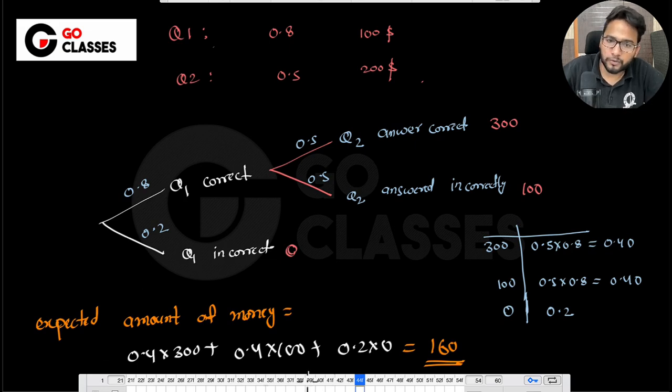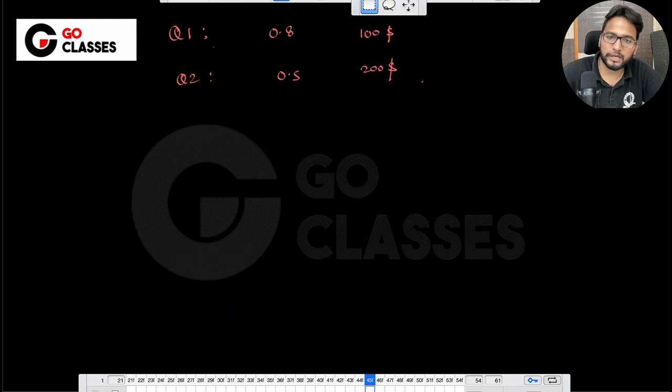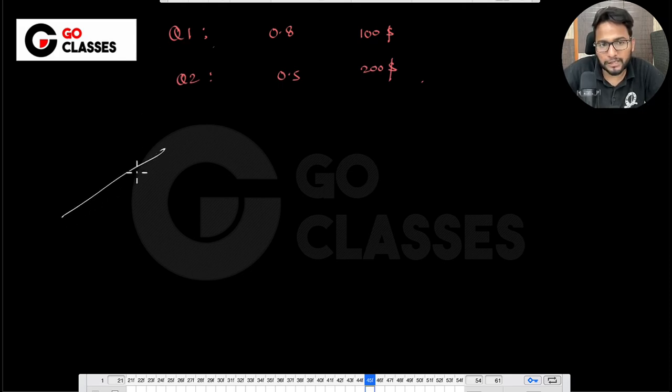But suppose you start with another tree diagram, with question number 2, and you may answer it correctly or incorrectly. Question 2 correct, question 2 incorrect.